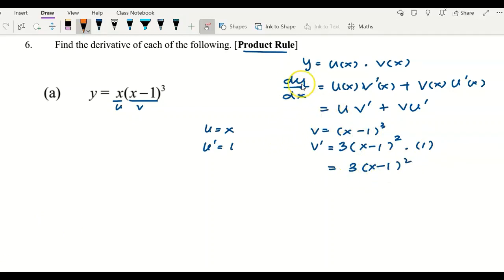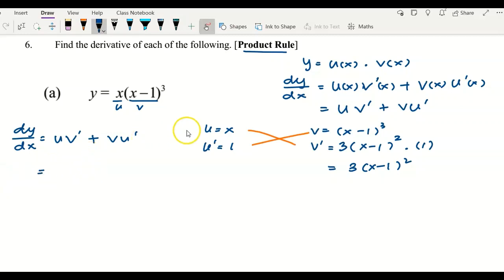According to dy/dx equals u v prime plus v u prime, you cross multiply: u multiplied by v prime, plus v multiplied by u prime. So let's start to differentiate now. dy/dx equals u v prime plus v u prime. I write down the formula again.